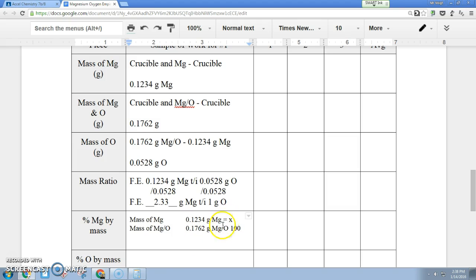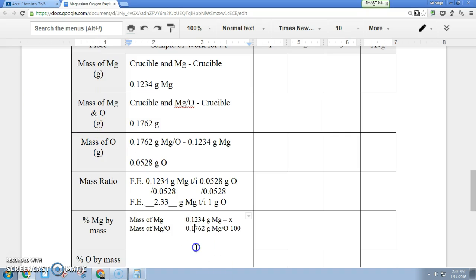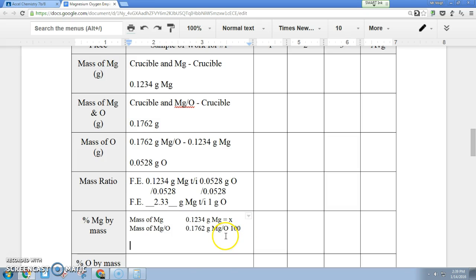So that's where I could cross multiply and divide. I would get an answer of 0.1234 times 100 divided by 0.1762 and get that it's about 70% magnesium.